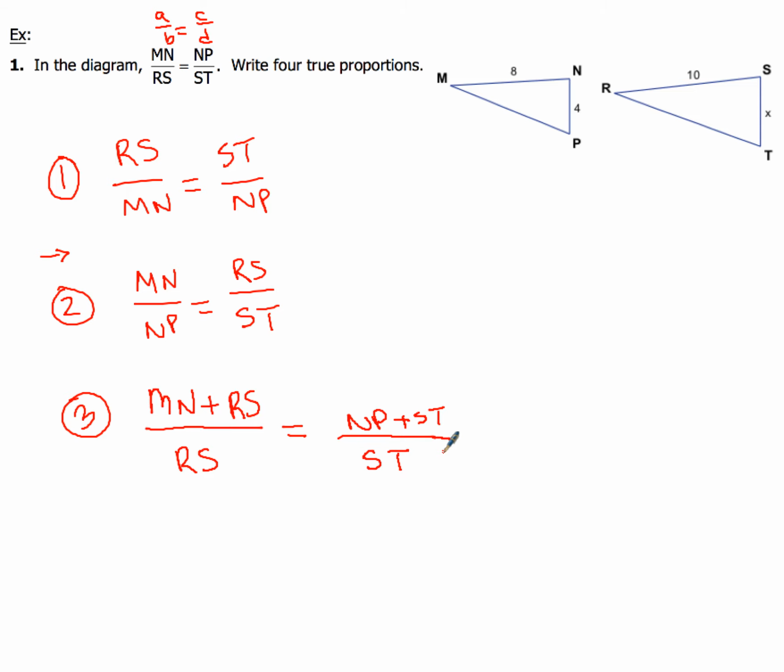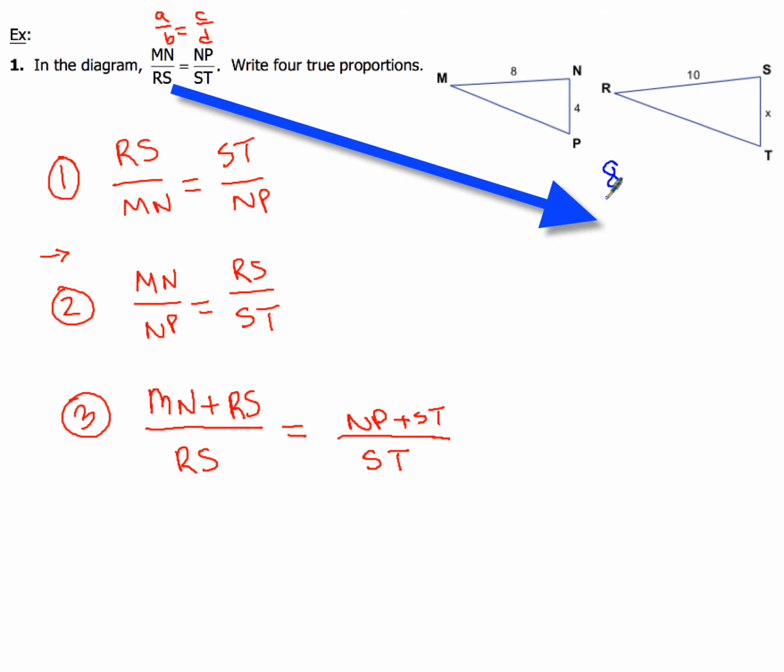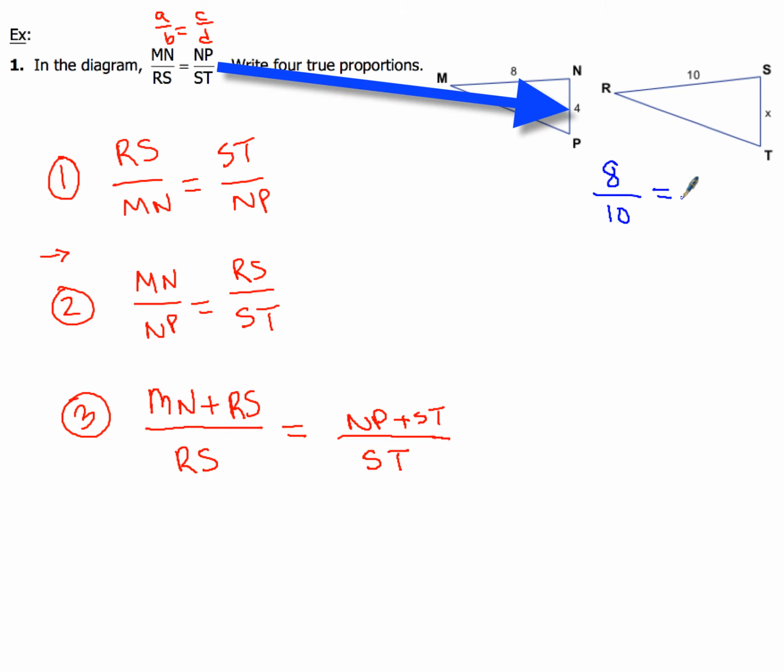Now my fourth proportion is going to come from using the numbers and the variable x that's in there. Let's start with my original one. My original one, MN, that's just 8. So I would have a fraction of 8 over RS, which is 10. And then the other piece of the proportion, NP is 4, and ST is just x.